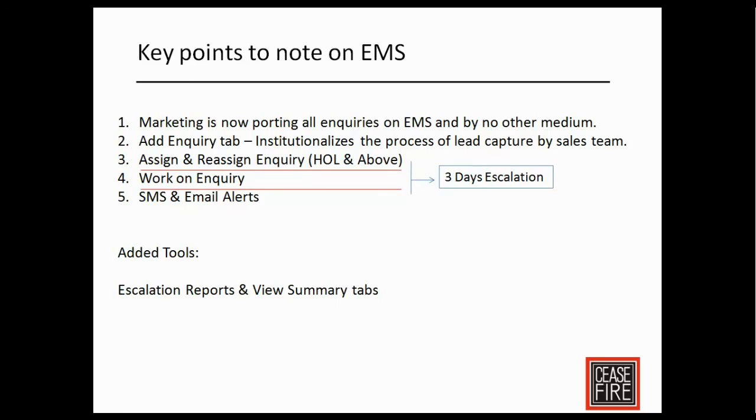But from a customer responsiveness point of view, after 3 days any inquiry will turn cold, and in many cases it will be pointless to get back to a customer even on the 3rd day. So I urge you not to focus too much on only complying with the EMS, but go by the spirit of customer service and sales and get back to a customer much before 3 days.